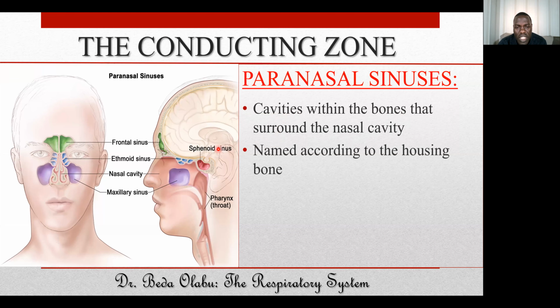So the air space within the sphenoid bone is called the sphenoid sinus. The one within the maxillary bone is called the maxillary sinus. The one within the ethmoid bones is called the ethmoid sinuses. And the one within the frontal bone is called the frontal sinus. There are actually those four paranasal sinuses: sphenoid sinus, frontal sinus, ethmoid sinus, and maxillary sinus. The maxillary air sinus is the largest one, basically.